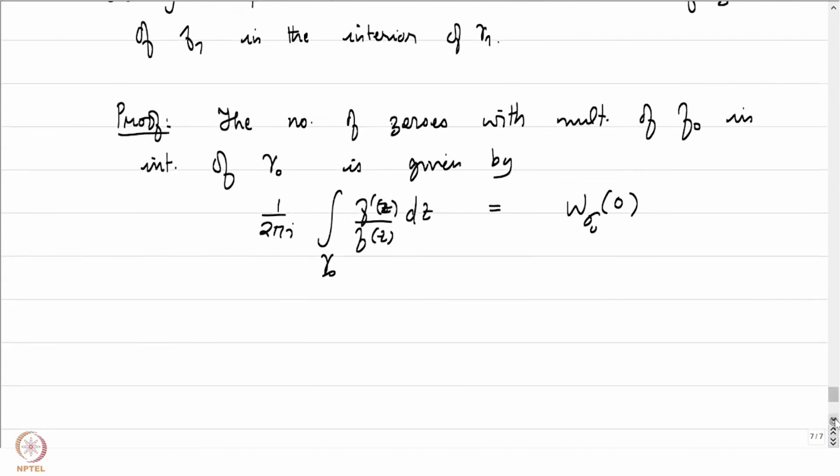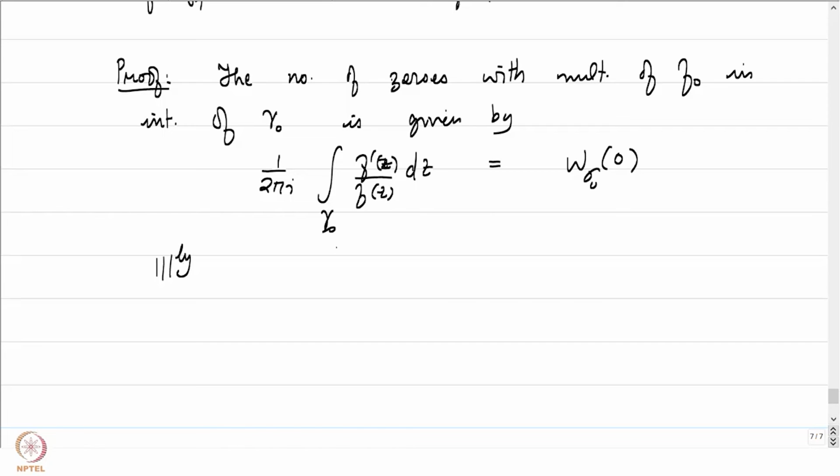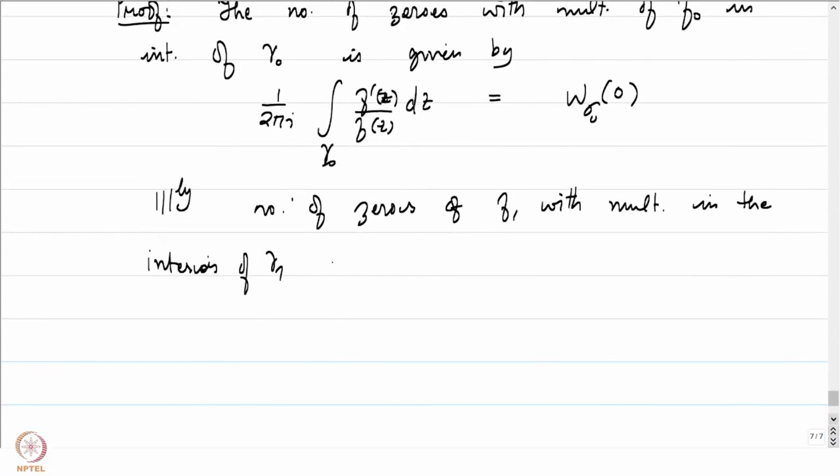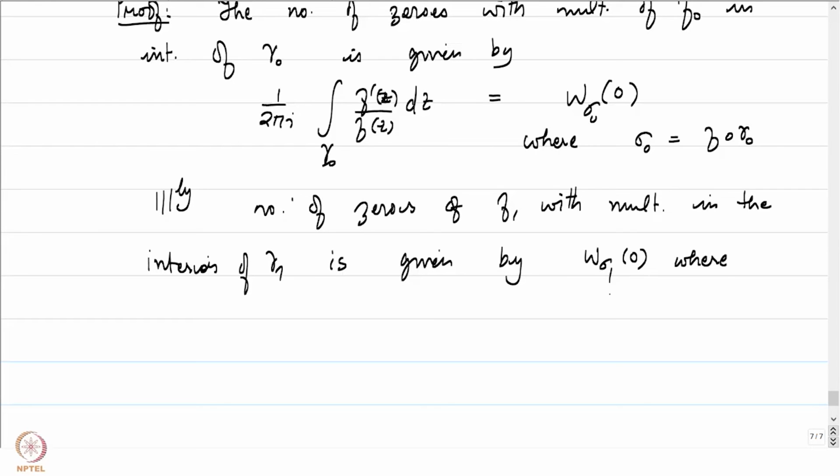Similarly, the number of zeros of f1 with multiplicity in the interior of gamma 1 is given by W sigma 1 of 0, where sigma 0 is the composition of f0 with gamma 0 and sigma 1 is the composition of f1 with gamma 1.